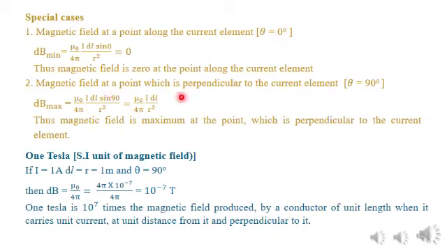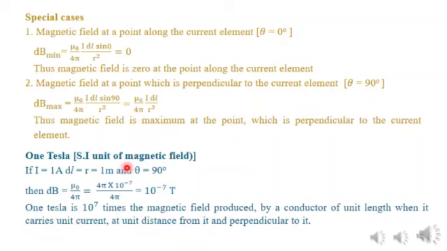For a particular current element, I and dl are constant, and for a particular point, distance r is also constant. In this case, dB depends only on sine theta. Here it is sine 90, which is the maximum value of sine function. So dB is maximum. Thus, magnetic field is maximum at a point which is perpendicular to the current element.